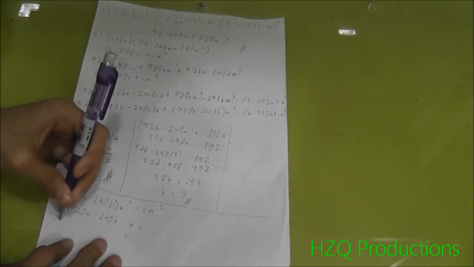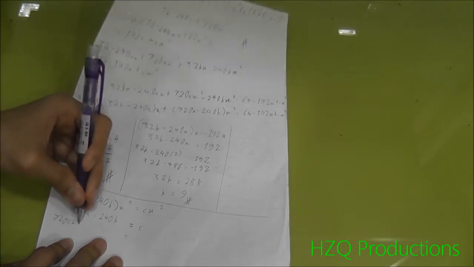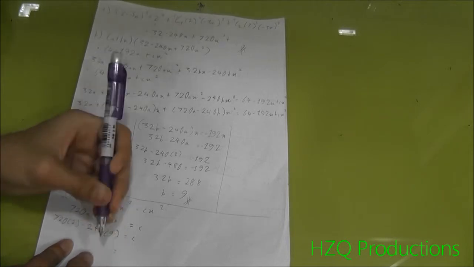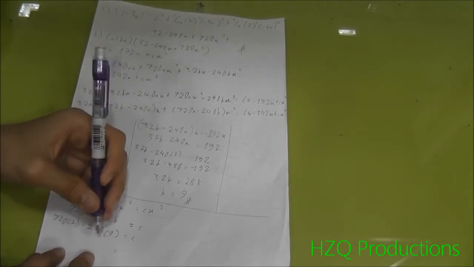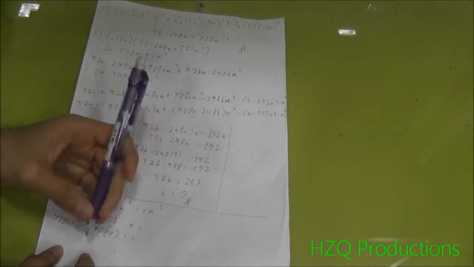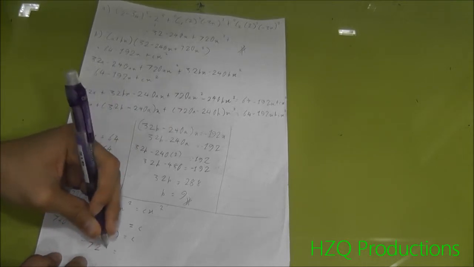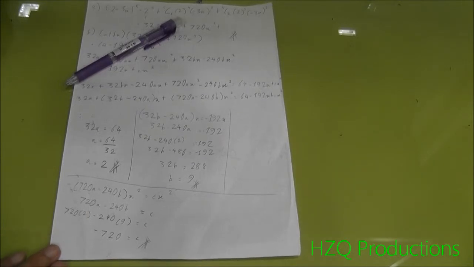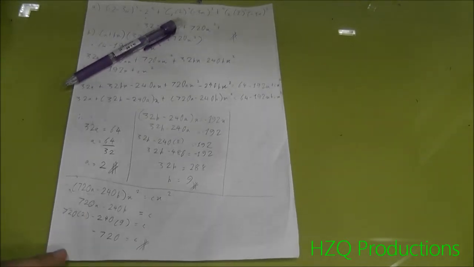So simply substitute your answers. You must get, I believe, negative 720. So therefore a equals 2, b equals 9, and c equals negative 720.